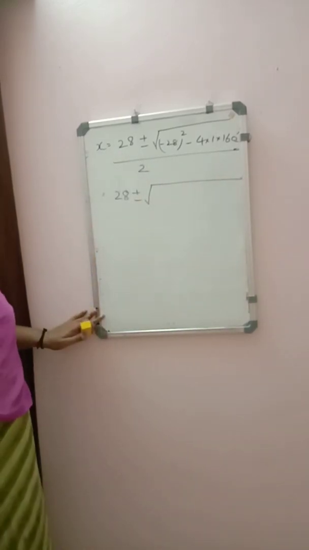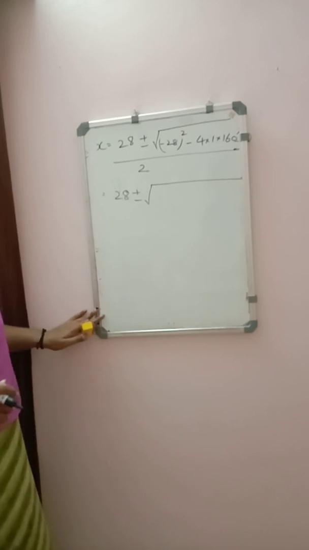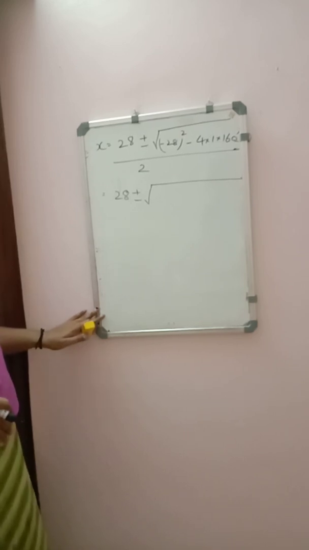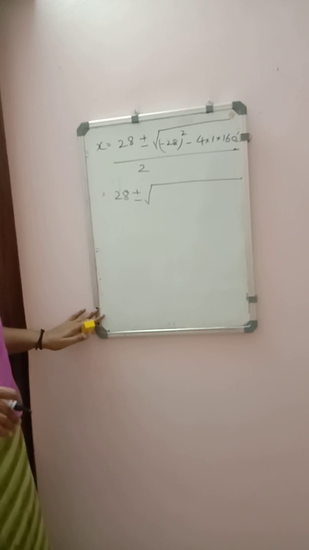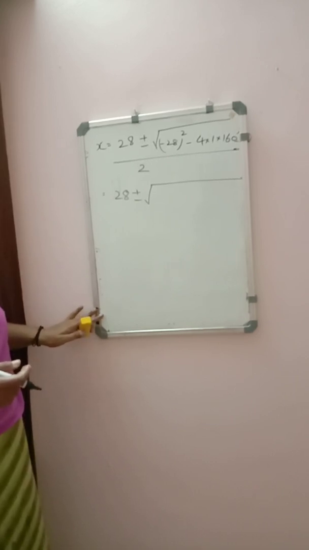28 plus or minus square root of 28 square. Now you have to check what 28 square will be. 28 into 28, you have to do the multiplication. Please check what comes for 28 into 28.